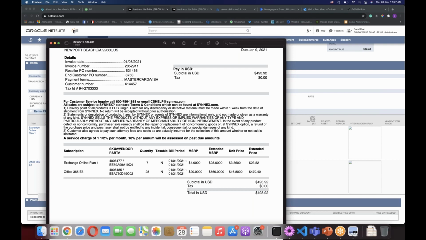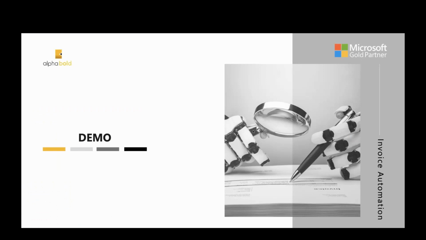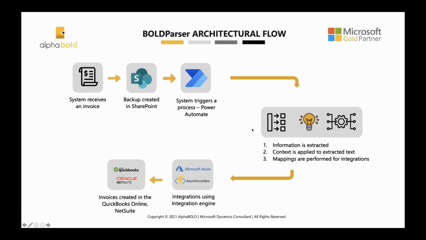With that being said, if I were to go back to my slide deck here real quick, this is for the technical folks. This specific demo, as I mentioned earlier in response to a question that was posed to us, is all built into Azure. We receive invoices in a designated inbox, and a flow is triggered at the back end.